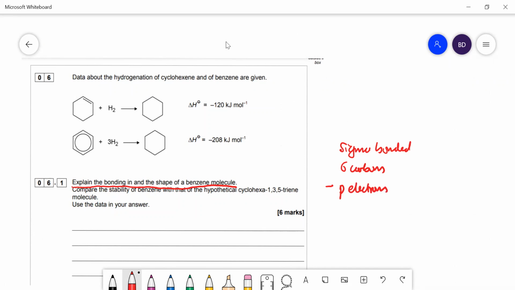There's 6 lots of p electrons not involved in the sigma bonding, and they overlap to form the pi delocalized electron system. So that's the bonding. How about the shape?